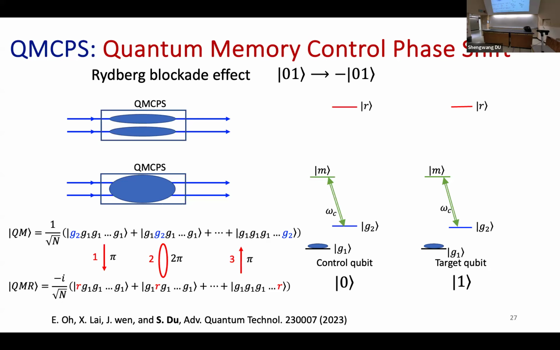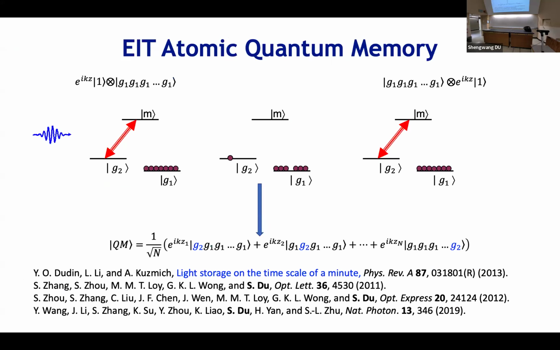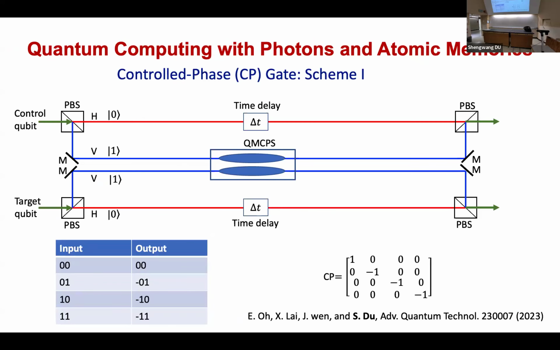So let's assume we have this atomic sample with many atoms, and this line represents the photon coming in. Let's say we have a photon state 0, 1 coming in. 0 means this photon goes through here, and the other goes through there, so you only have one photon.